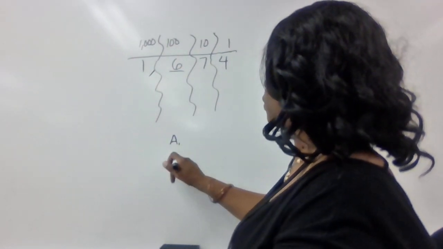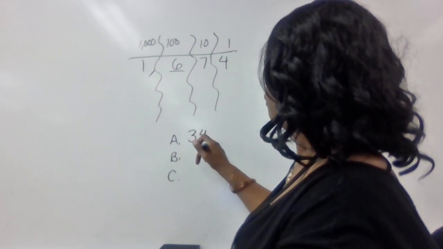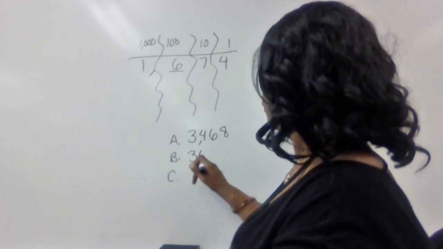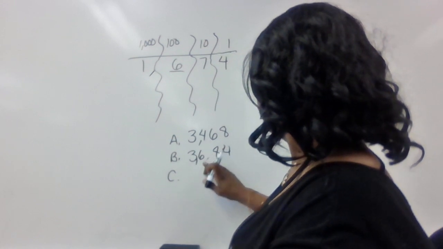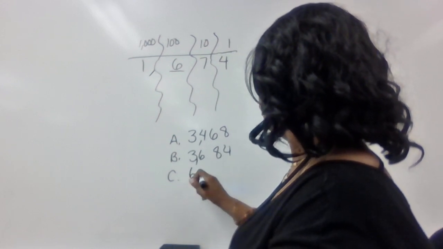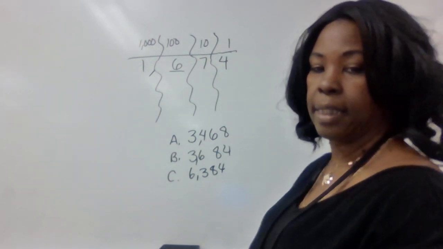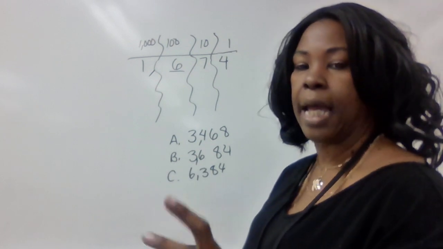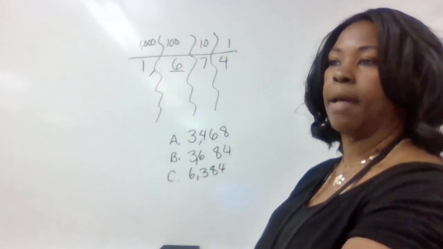I'll give you 3 choices. Okay, so the 6 is in our 100 spot, and I want one that's 10 times less, not 10 times as many, 10 times less.